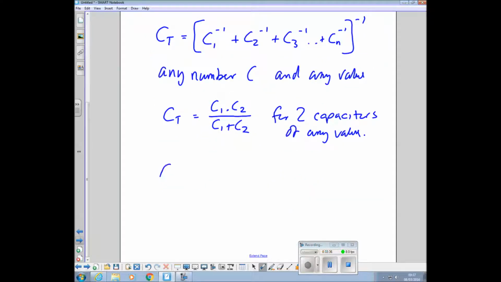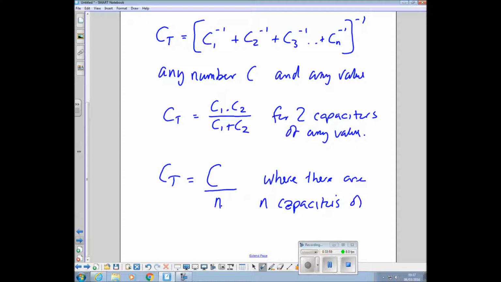And we can do CT is equal to C over N, where there are N capacitors of the same value. So if we got 4,000 microfarad capacitors, we connect them all in series, we end up with a 250 microfarad capacitor.